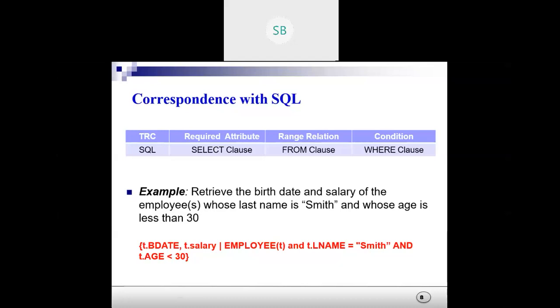You know the truth tables, right? AND is basically multiplication. So for the AND operator, both conditions need to be satisfied to display the result. If Smith last name is there, but no one with surname Smith has age less than 30 years, then it is false. So this is just Boolean algebra.